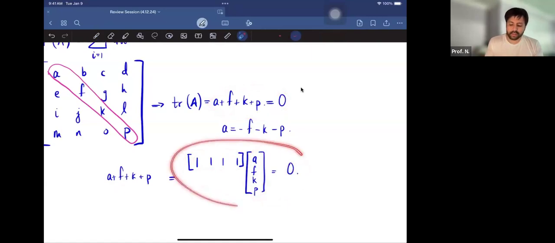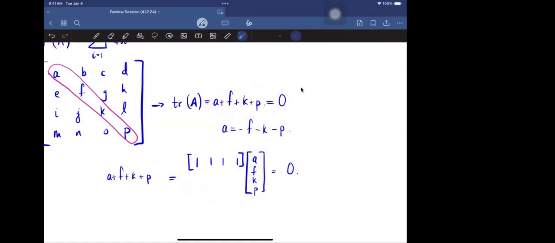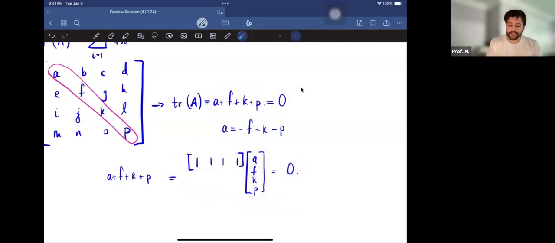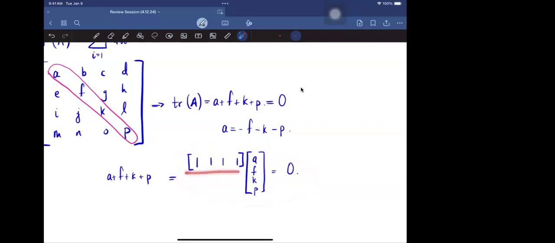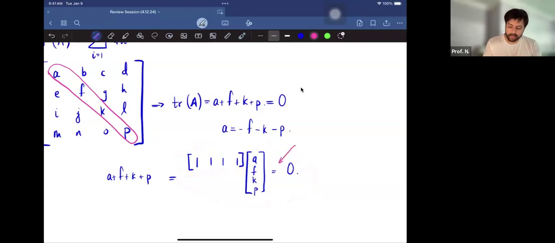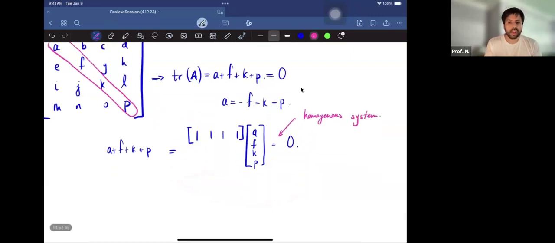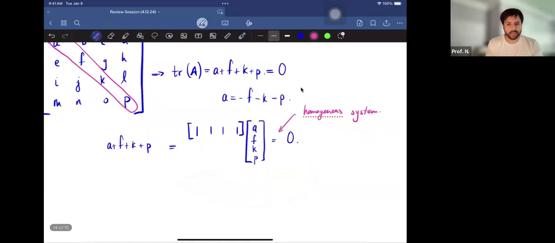What kind of system do you have? Homogeneous. This is a homogeneous system. And then how do you solve homogeneous systems? We take our matrix and we apply reduced row echelon form and all that, right?